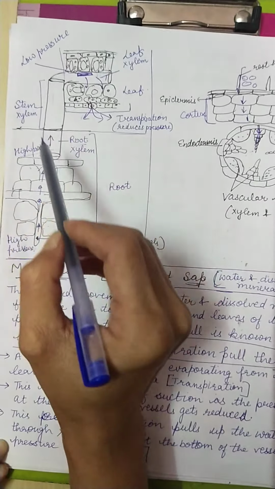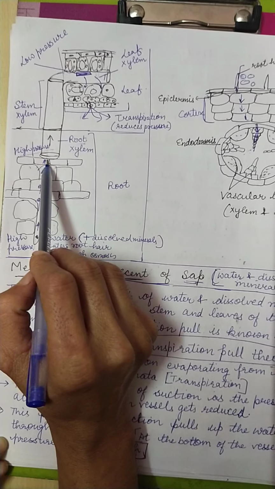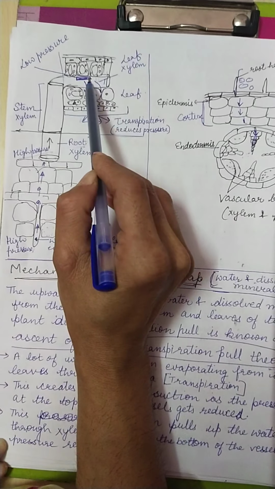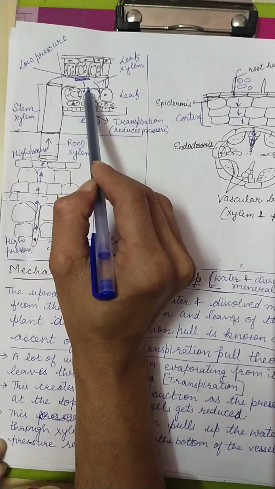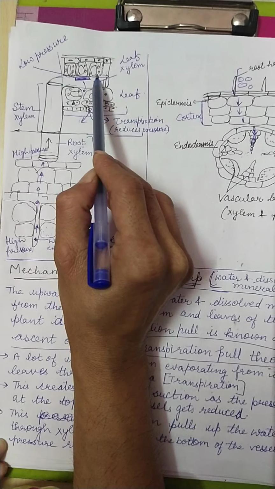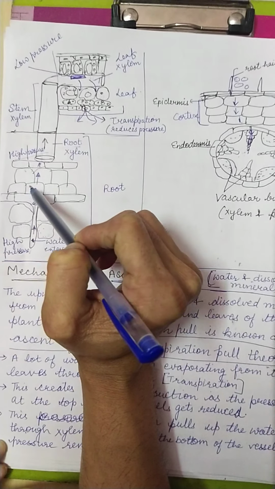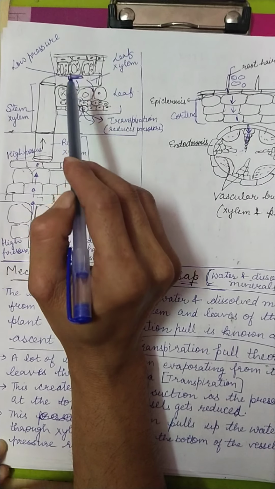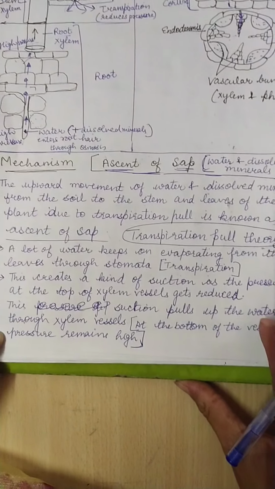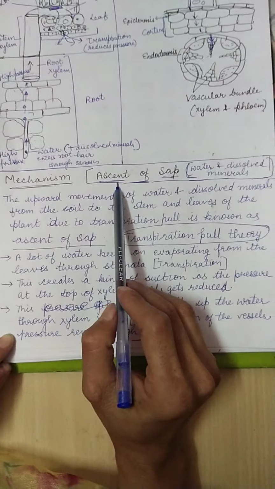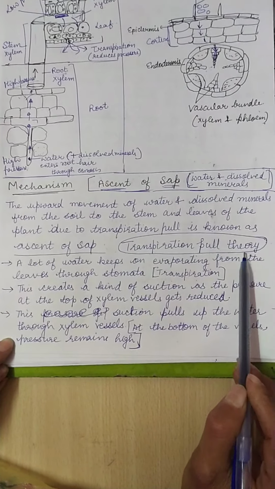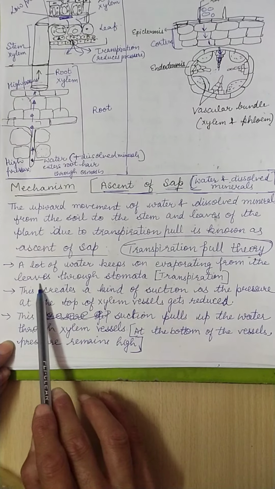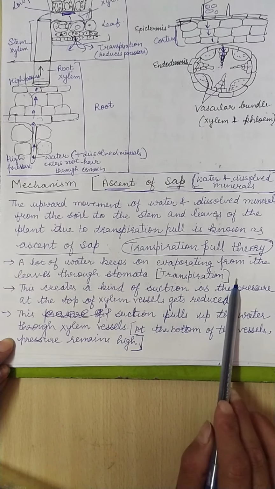It can be understood just as whenever we drink juices through a straw. When we suck at the top of the straw, the pressure of the air near the top gets reduced and the liquid rises up from a region of high pressure to a region of low pressure. So the mechanism involves 3 steps. It is the transpiration pull theory. Number 1, a lot of water keeps on evaporating from the leaves through stomata. This is transpiration.